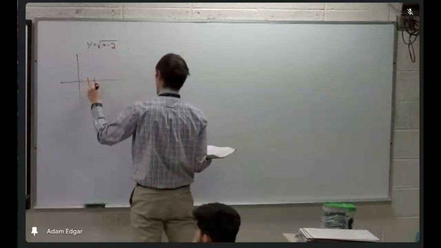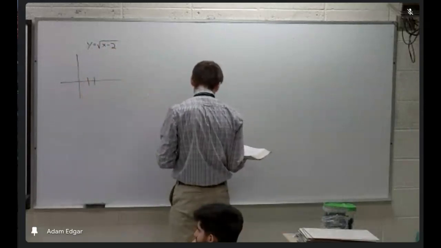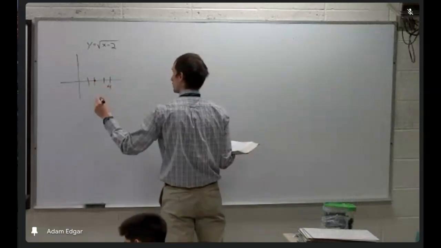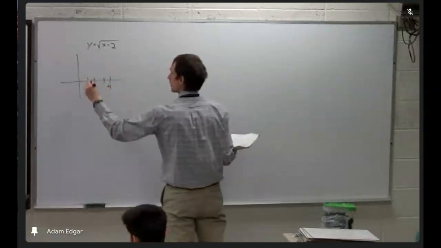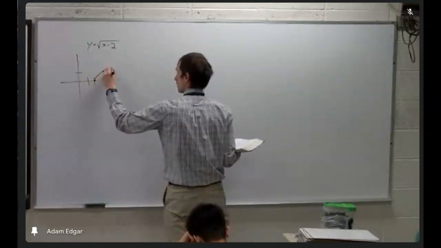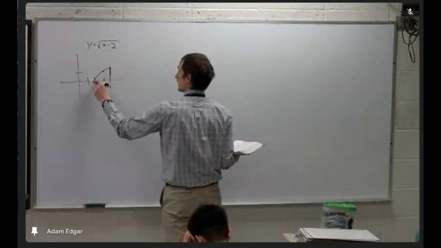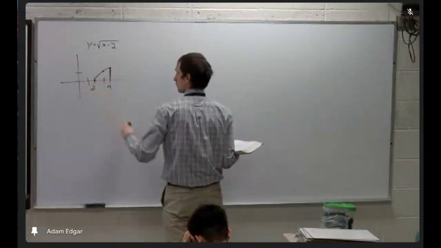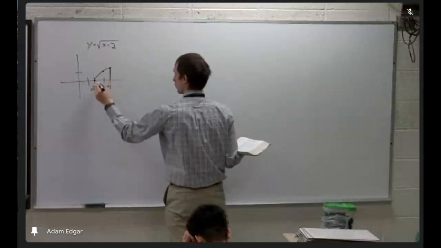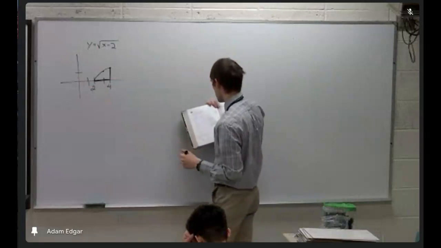And then we're going out until x equals 4. So that's the graph of x minus 2. It intersects the x-axis at the 2, and then it goes to 4, and then we have y equals 0 here. So this is our region, and then we're revolving it about the y-axis.